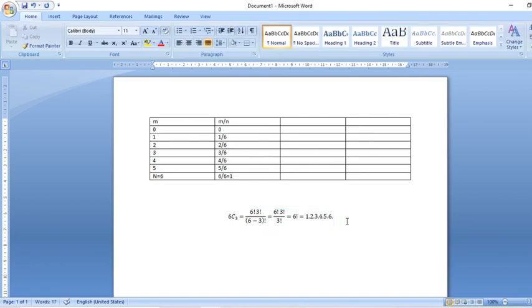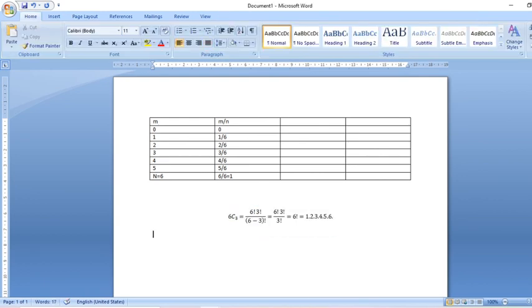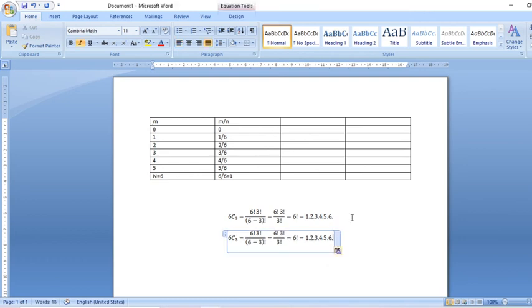Now we compute 14C3. 14C3 is 14 factorial divided by 3 factorial into 14 minus 3, that is 11 factorial.